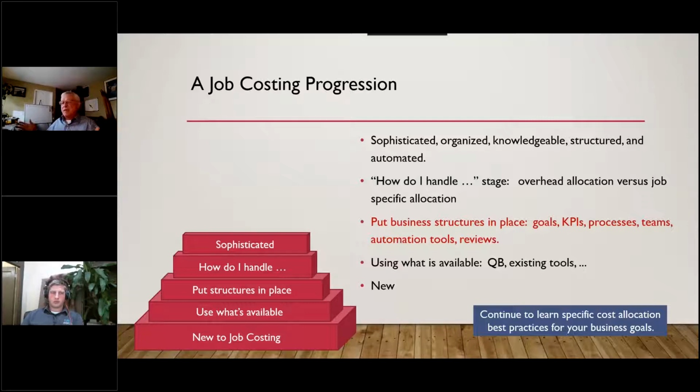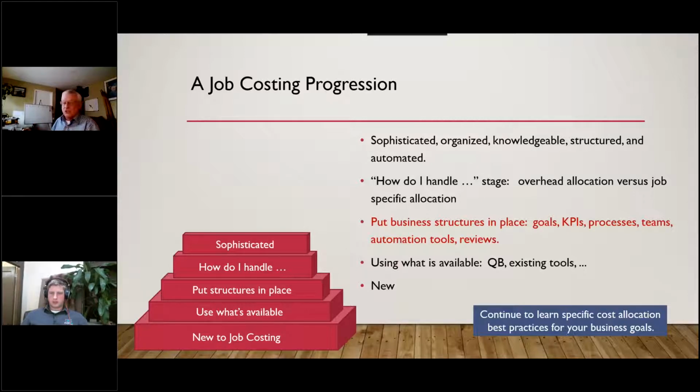I've been to CFMA conferences where the job costing presentations had a huge room. It was standing room only. And question after question after question was, how do I handle this situation? How do I handle that situation? How do you do it? Well, the answer in almost every case is, it depends. Tell me more about your particular situation and what are your goals for your company. So go back to step 3. The red is put the structures in place and really understand.